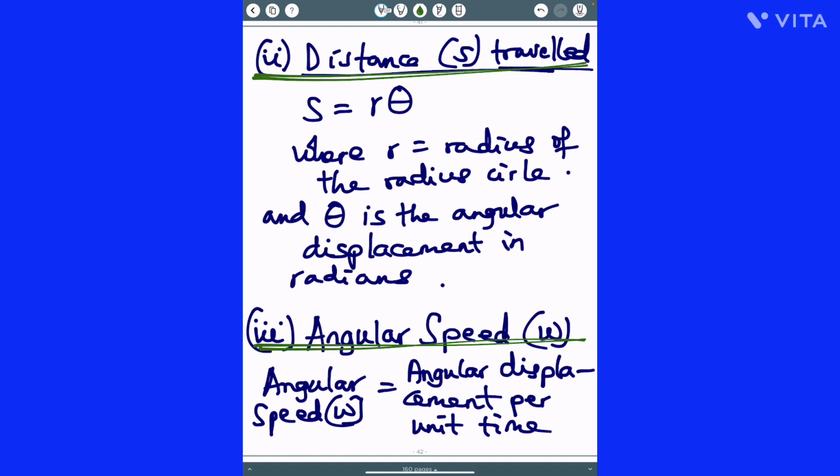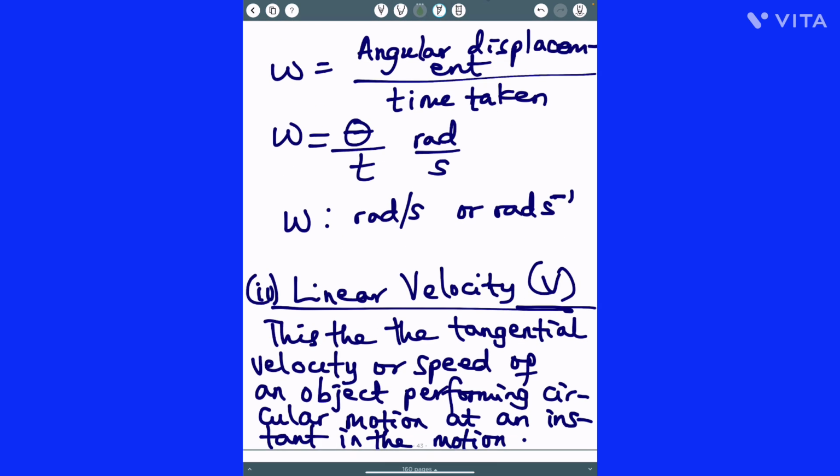Angular speed is the angular displacement per unit time. The angular speed of an object moving around a circle is the angular displacement per unit time. So take note of that. The symbol for angular speed is W. So angular speed W is angular displacement over time taken.